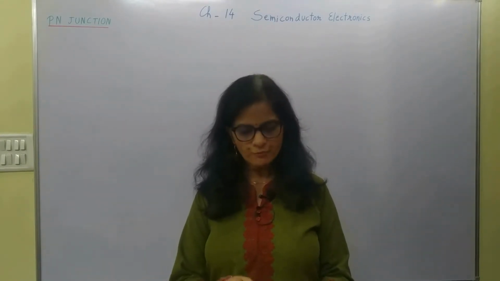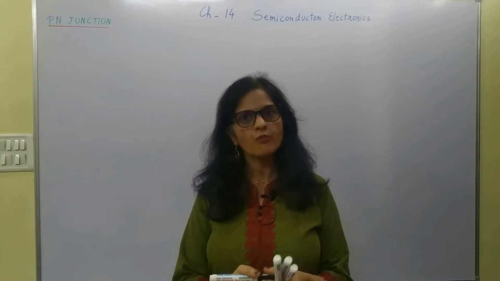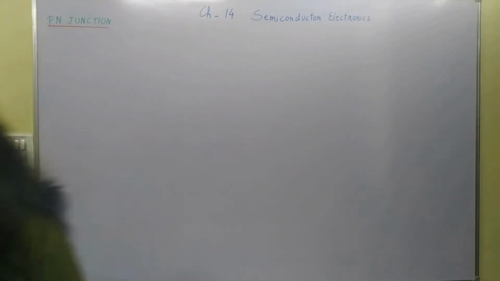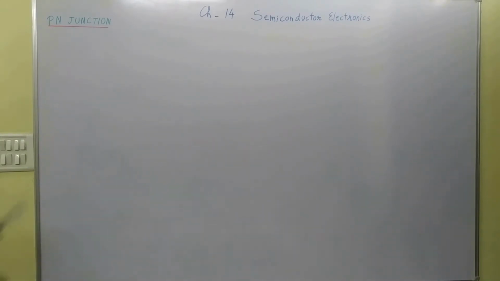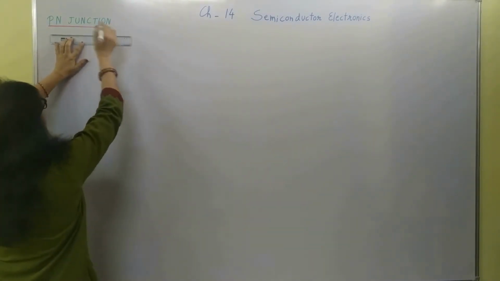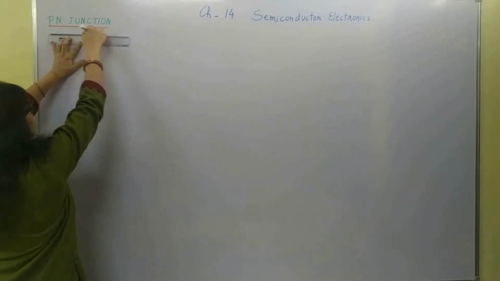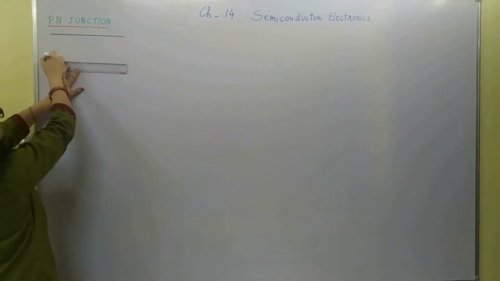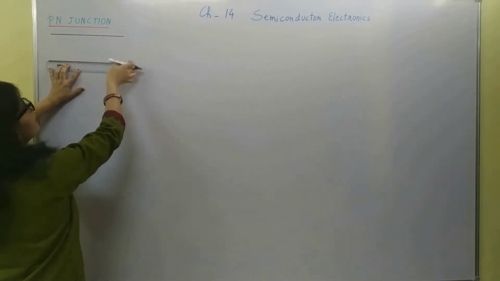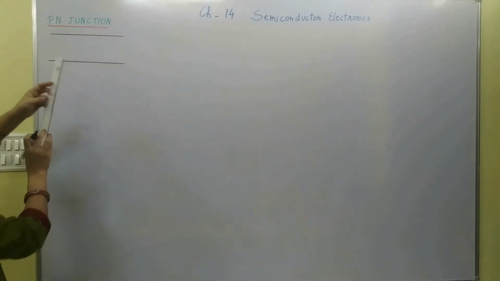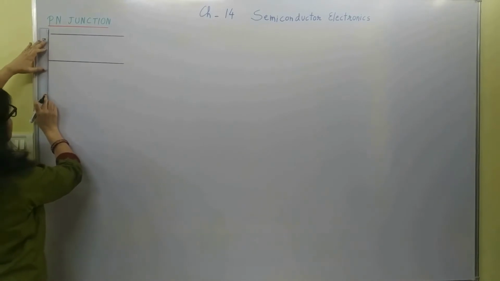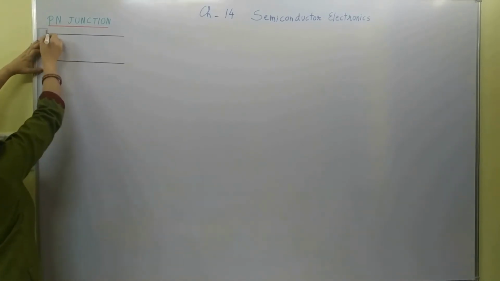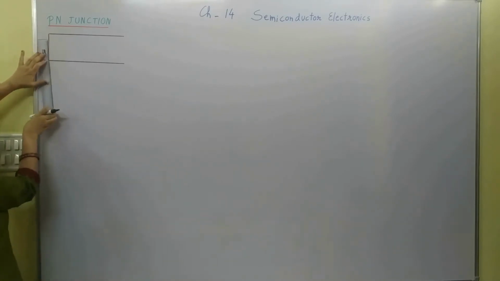For formation of a PN junction, a small wafer of P-type semiconductor is taken, and then in this small wafer, in one part, a pentavalent impurity is added in a very small amount to make that part N-type.